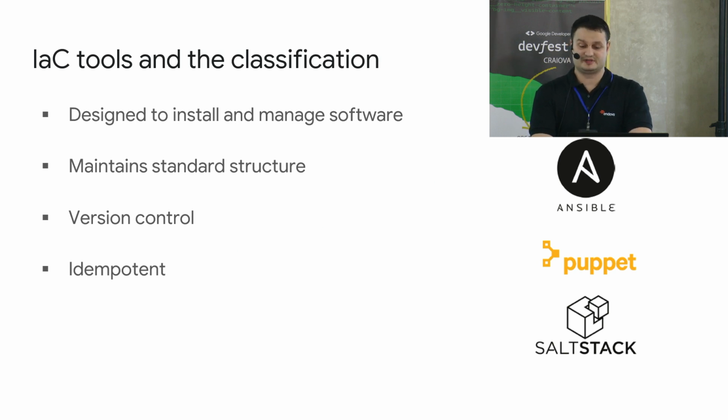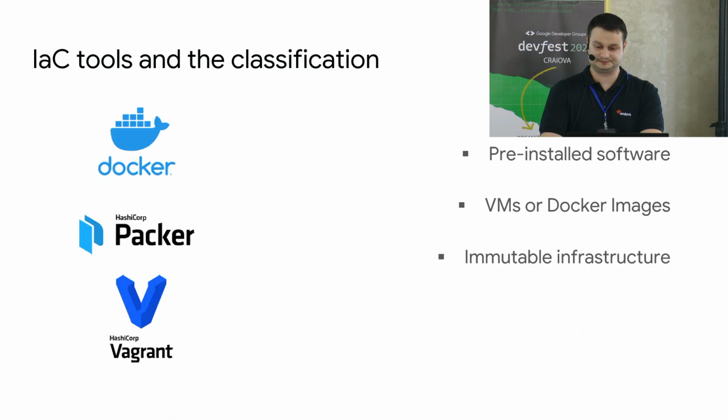However, the most important characteristic of this category is their idempotency. This means that across multiple runs of the code, the tools will only make the necessary changes to the needed components. Anything that already exists and is not included will be left untouched, without us having to interfere or write more code.